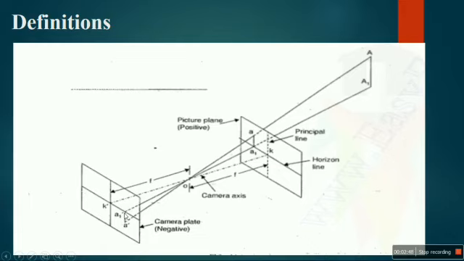Next, focal length. It is the perpendicular distance between the center of the camera lens to the picture plate or camera plate. This is the center of the camera. The distance from here to here is called the focal length of the camera.